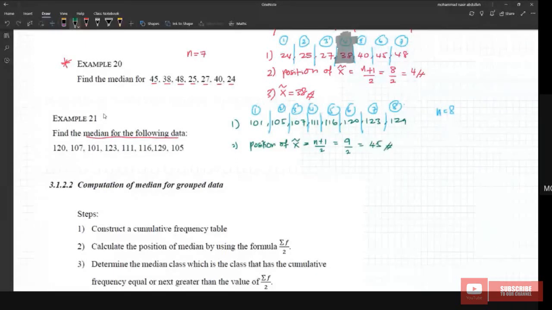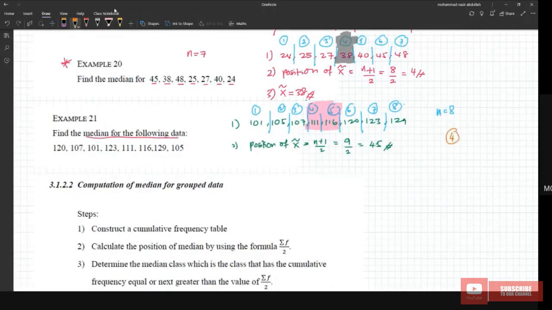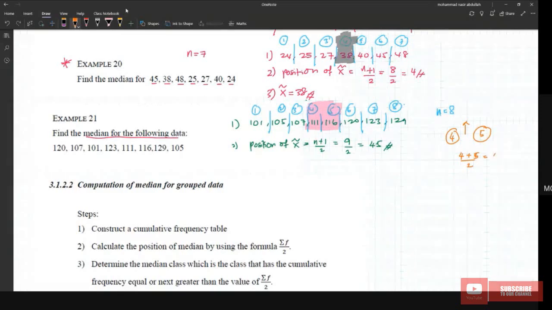So the median should be at the position of 4.5. 4.5 is between position number 4 and position number 5. To get 4.5, you add position number 4 plus position number 5, divided by 2.